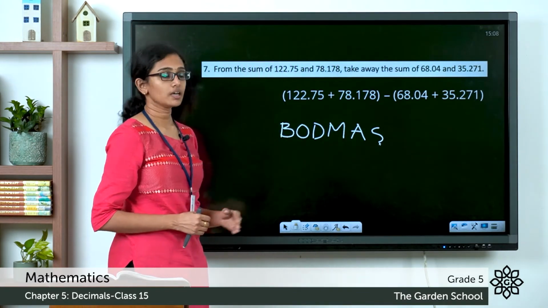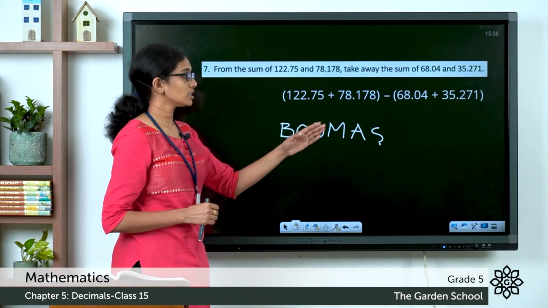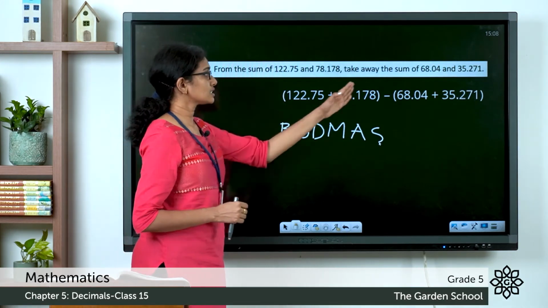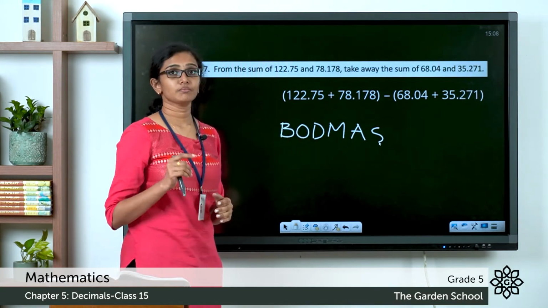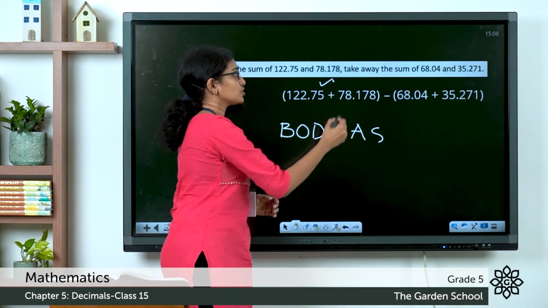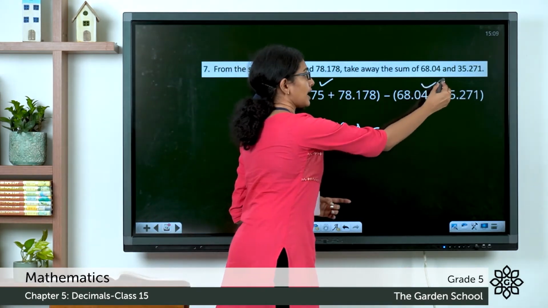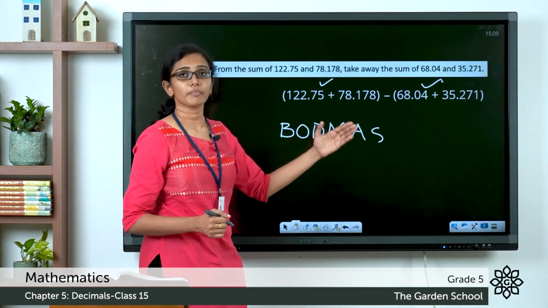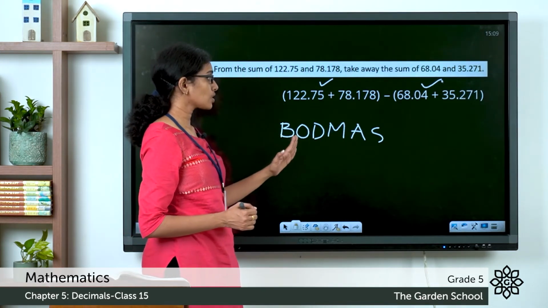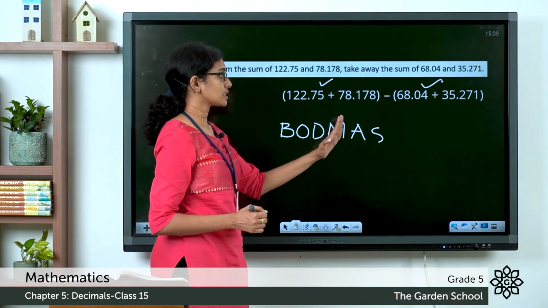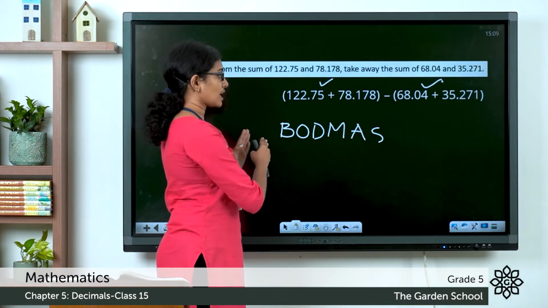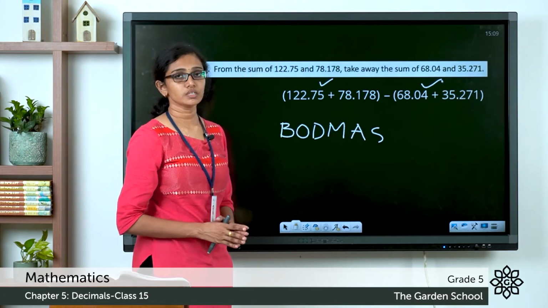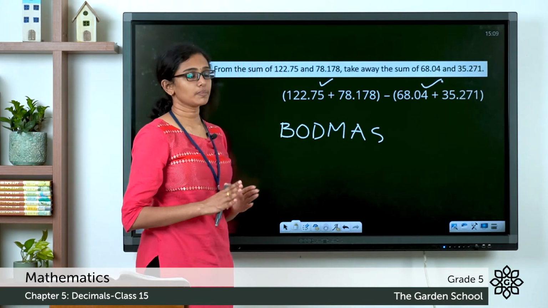Then division, then multiplication, then addition, then subtraction. So since these sums or these additions are given in brackets, you have to do the addition processes first and then do this subtraction. So remember this rule, it's called BODMAS. You start doing the calculations in this order when different operations come in the same question. So just keep in mind this one.